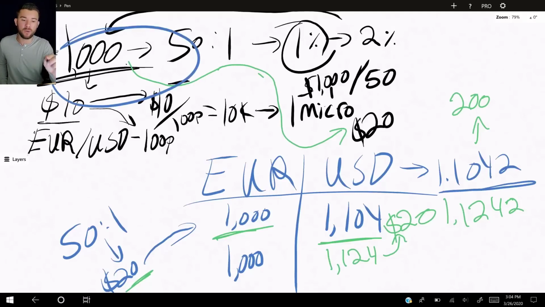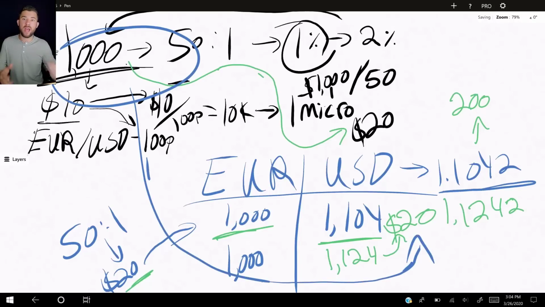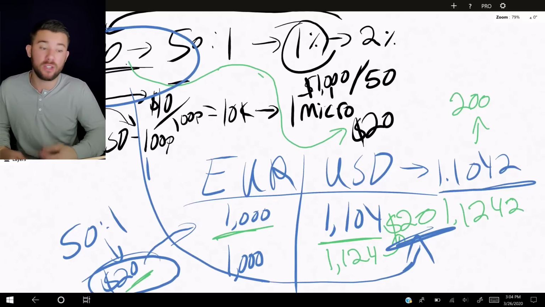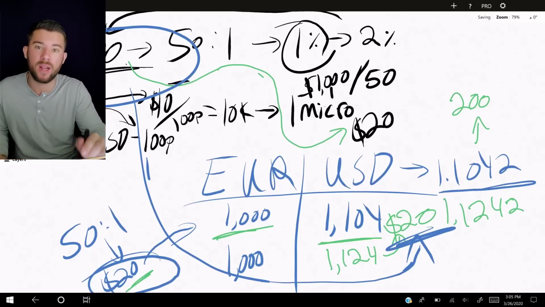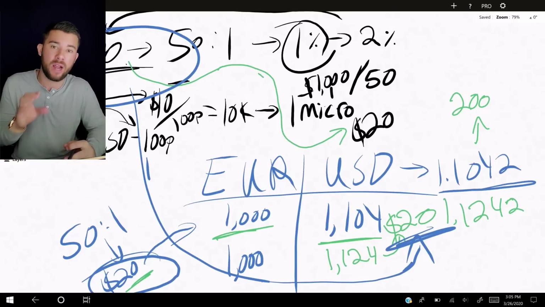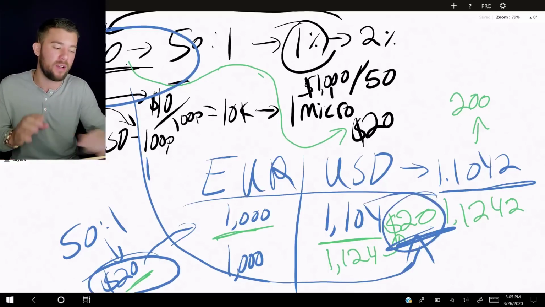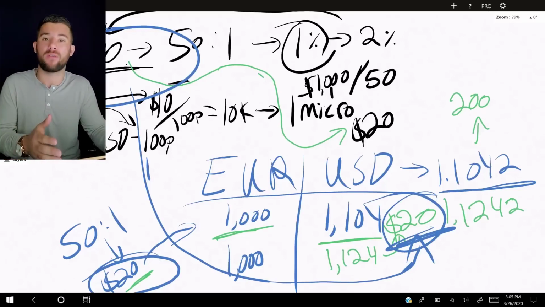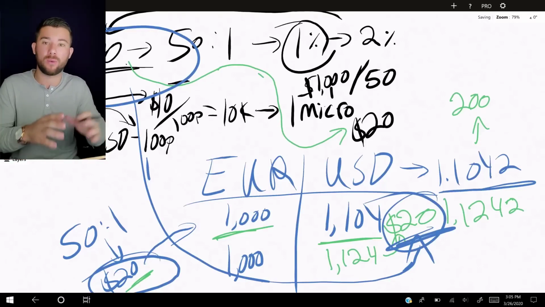But instead, you made $20 on an initial $20 investment. So you've made a 100% gain on this specific trade because you only spent $20 of your actual capital in order to make $20 on the other side. That is the power of leverage and the way of using it correctly.